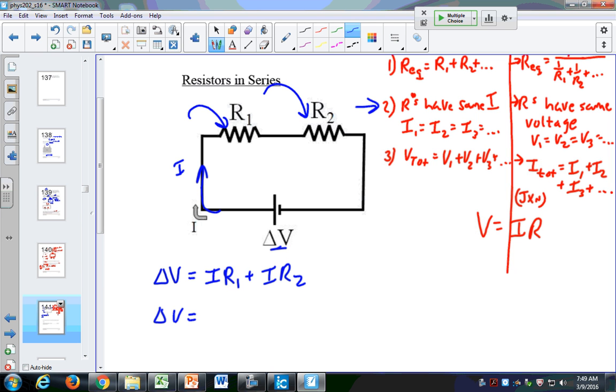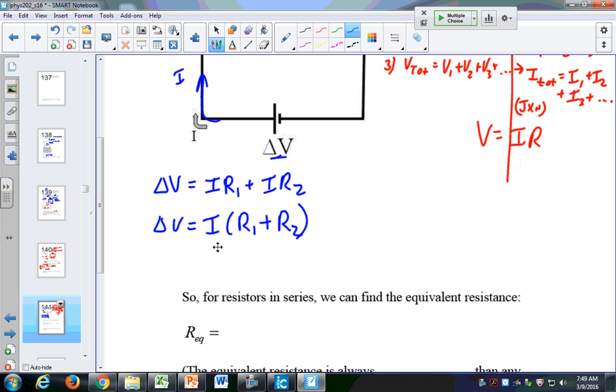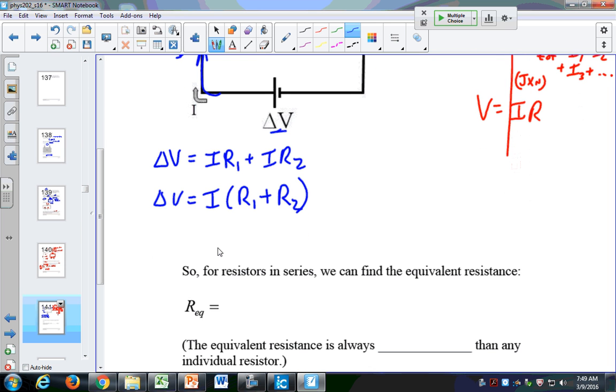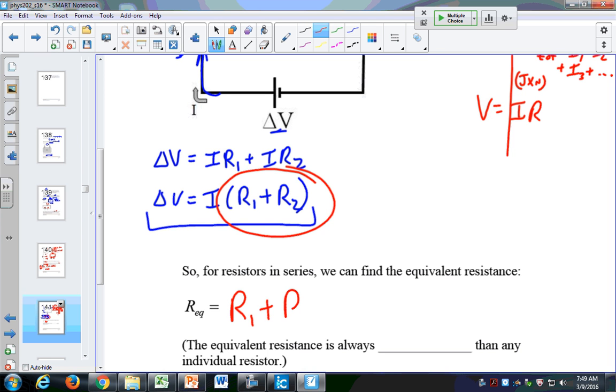Because of that, I can take out this I and write this expression like this. So because of this expression, for resistors in series my equivalent resistance is equal to R1 plus R2.